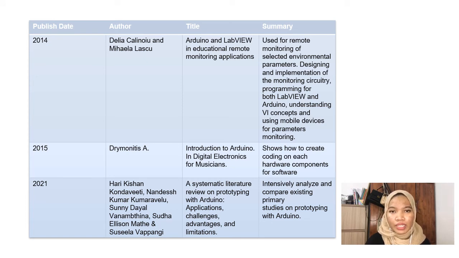In this journal, it intensively analyzed and compared existing primary studies in prototyping with Arduino. It also explains the Arduino applications, challenges, advantages, and also limitations. This journal is very helpful for me, and I learned a lot from it.